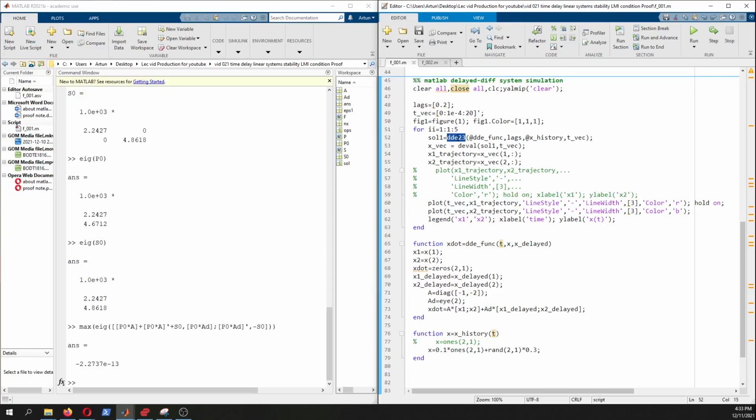I have seen somebody explaining the DDE23 code, right? MATLAB code that is used for delay differential equations. You can use that for nonlinear systems also. However, DDE stands for delay differential equation, right?